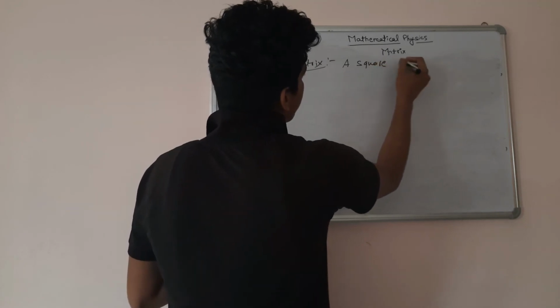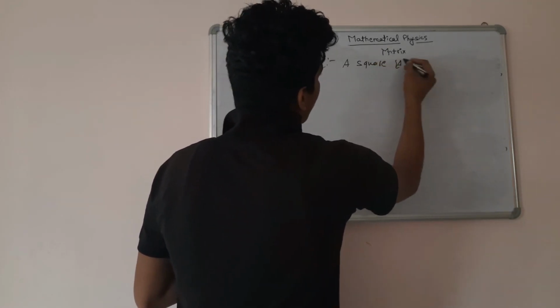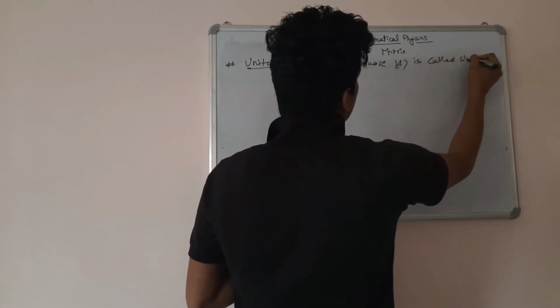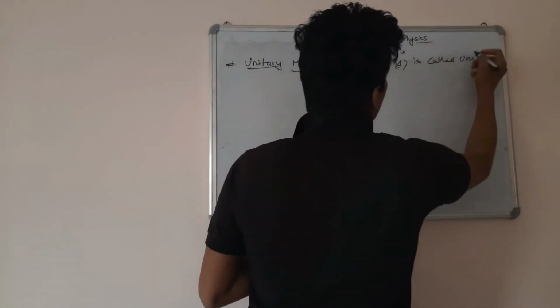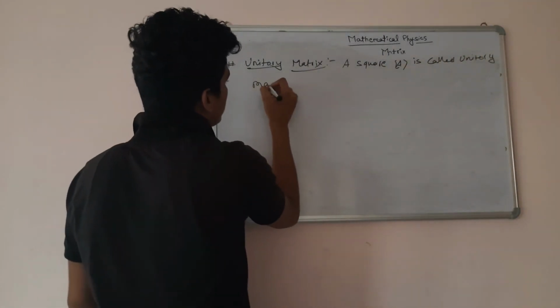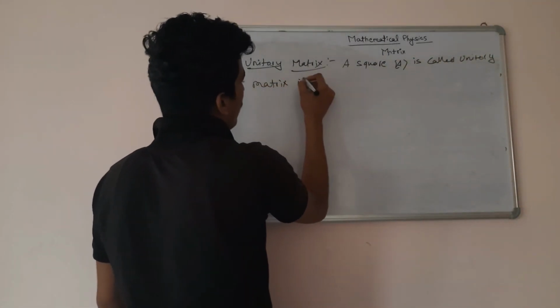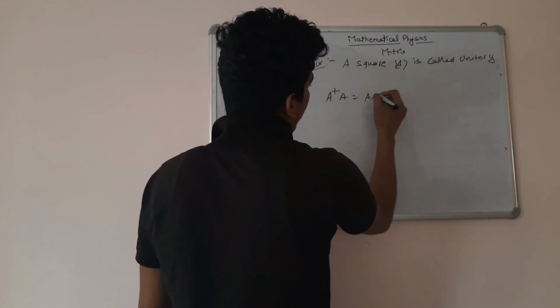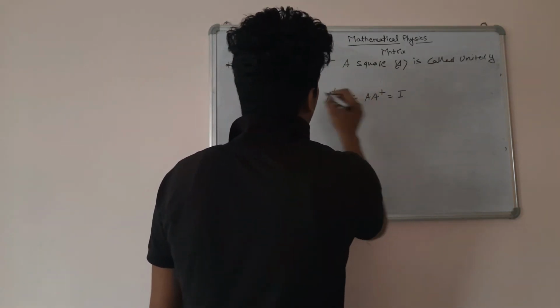A square matrix A is called a unitary matrix if the condition is A dagger A equal to the identity matrix.